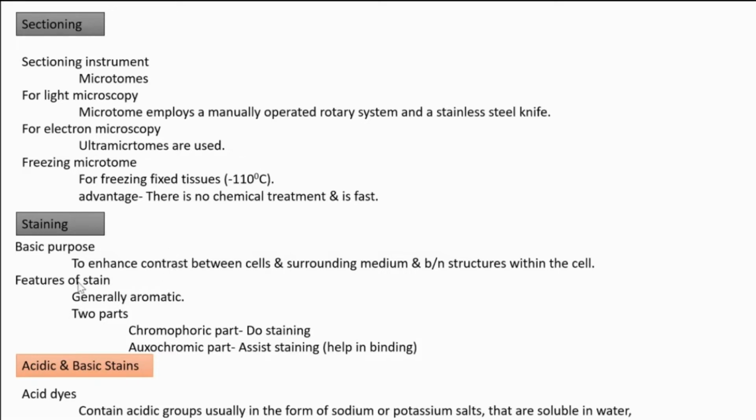So next are the important features of stains. Stains are generally aromatic. Aromatic means they have a cyclic, ring-like structure. They have two parts, the chromophoric part and the oxochromic part.